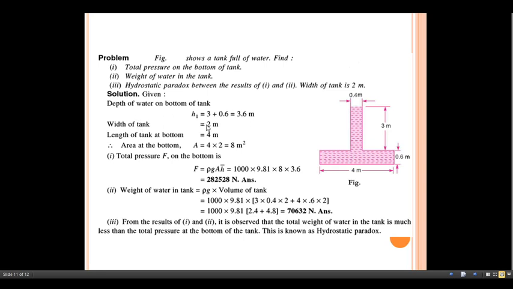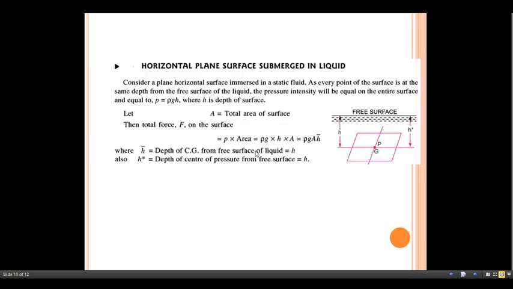Width of the tank is given 2 meter. Apart from this, the length of the tank at the bottom is given 4 meter. Then the area of the bottom is nothing but 4 multiplied by its width, length and the width with us 2, we can get 8 meter square. So total pressure F on the bottom is nothing but rho g A multiplied by h bar, as per the formula discussed in case of the horizontal plane submerged in the liquid.